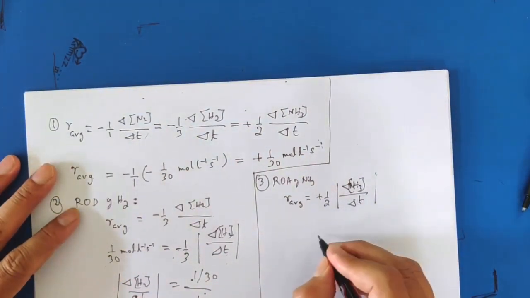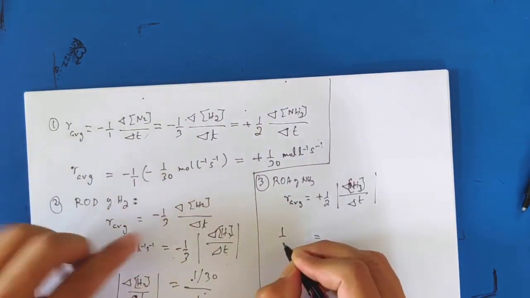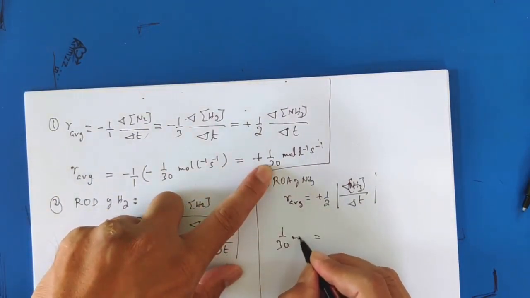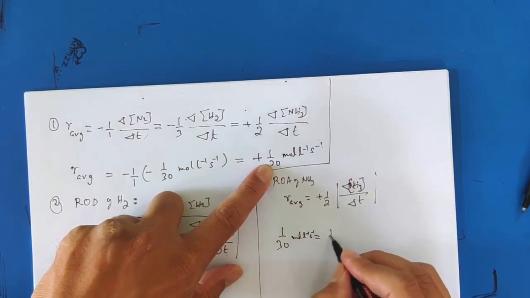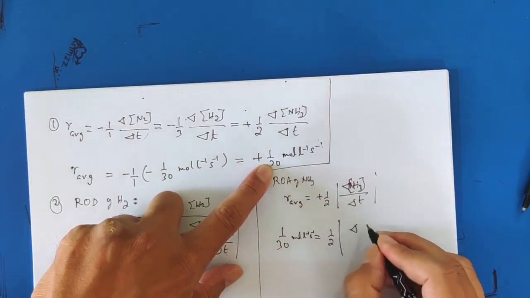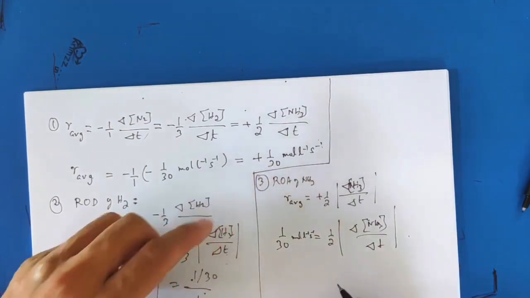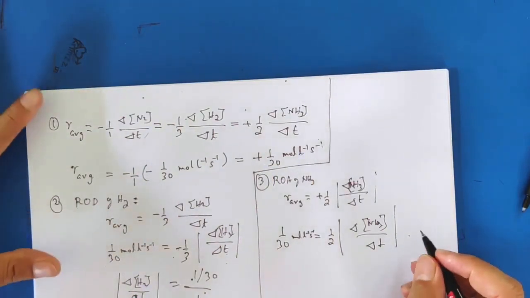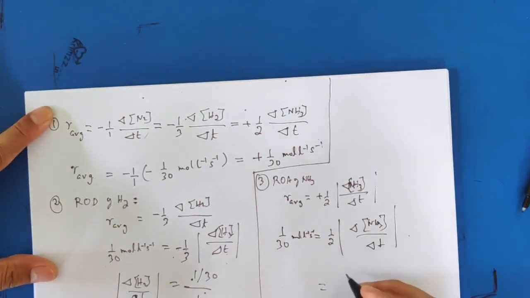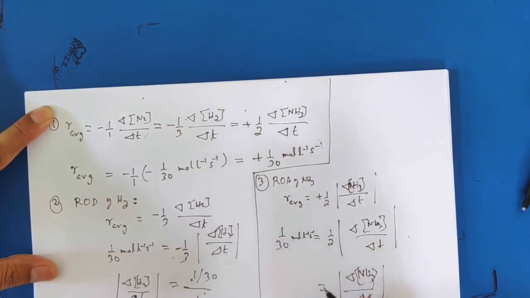So I calculate the rate value, 1 by 30 mole liter inverse second inverse, 1 by 2 is there, and then this is NH3 and then T. 1 by 30 and then 2 goes up, cross multiply.